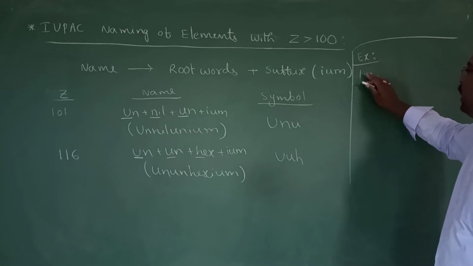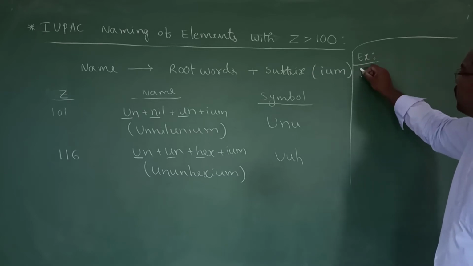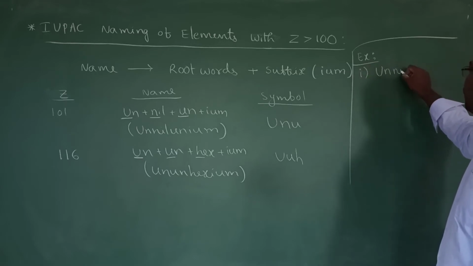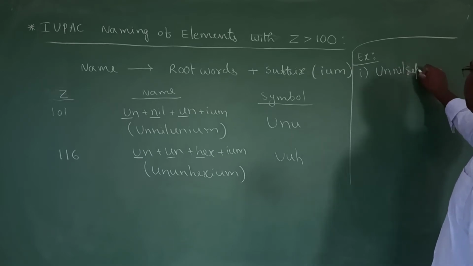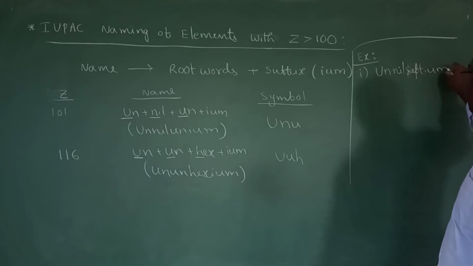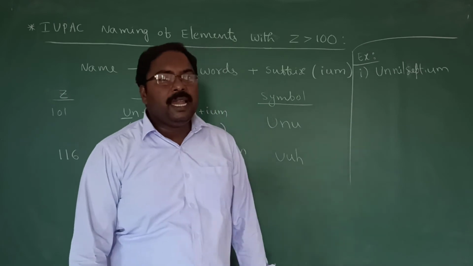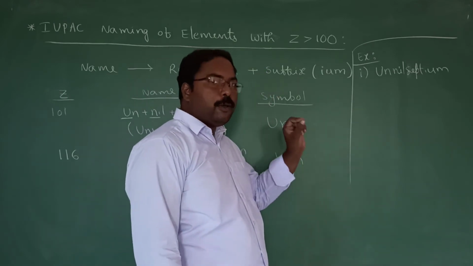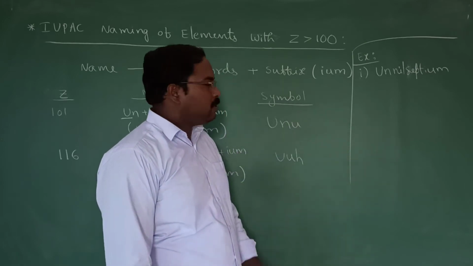The name of the element was given as Unnilseptium. Now your task is to tell me the atomic number and assign the symbol also.